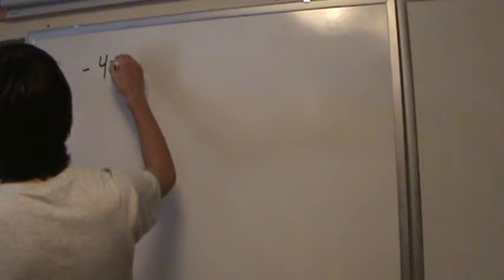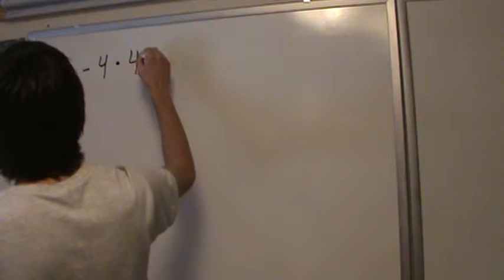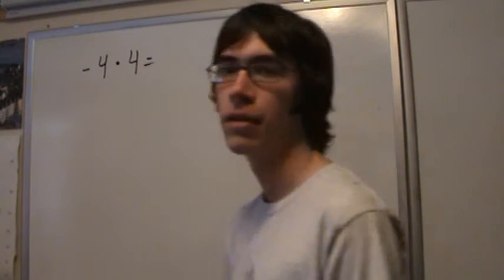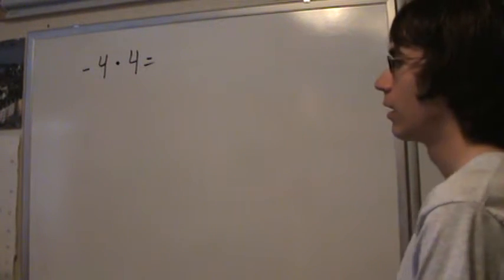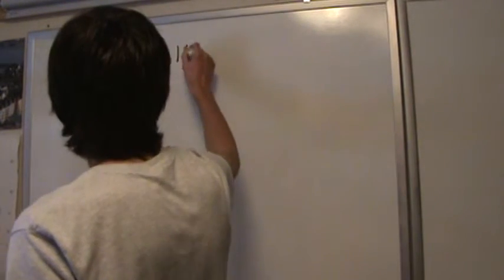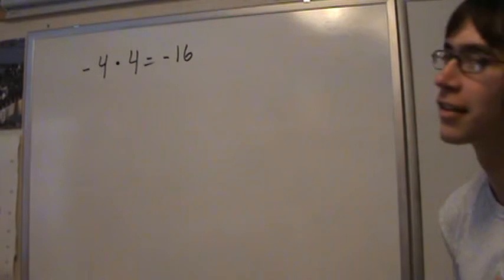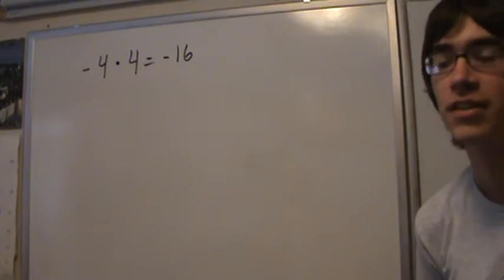Okay, so what happens if I have negative 4 times 4? That gives me negative 16. Now, why is that? Because negatives override positives.